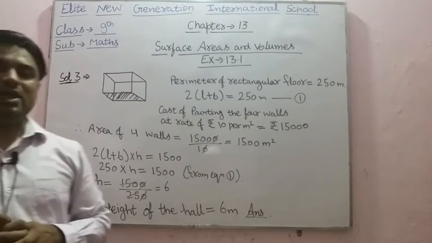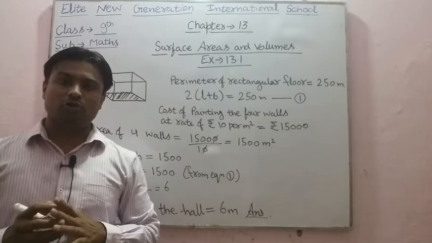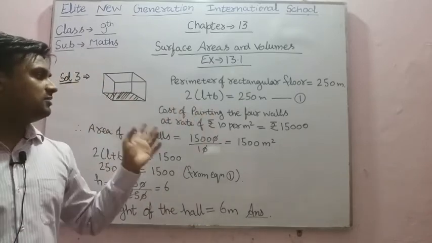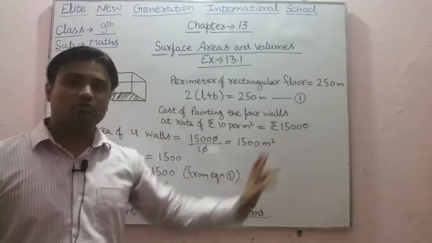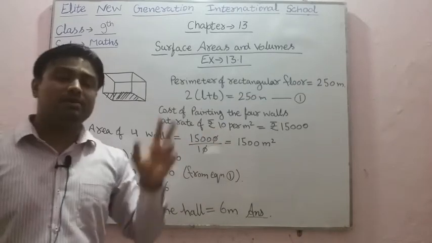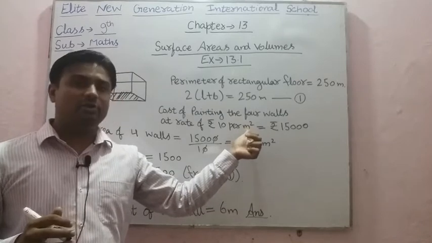Now we are given the cost of painting the 4 walls. When we paint the 4 walls of this hall, the total cost will be rupees 15,000, and it costs rupees 10 per meter square, that means we paint 1 meter square at rupees 10.